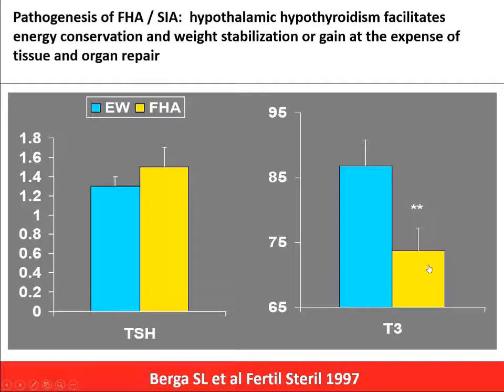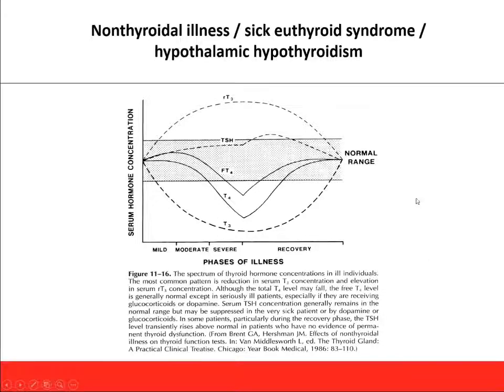So the body has been placed in power state mode, perhaps to deal with stressors, and we believe, and there's lots of evidence to show, that this is a consequence of chronically elevated cortisol and chronic stress. This is sometimes called non-thyroidal illness or sick euthyroid syndrome, and this is a very old diagram from 1986, but it's a beautiful illustration of what we call hypothalamic hypothyroidism.